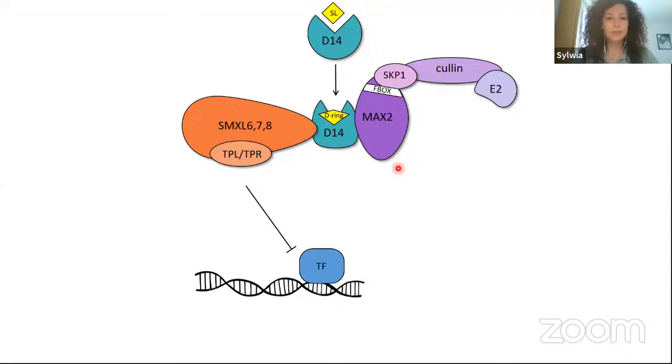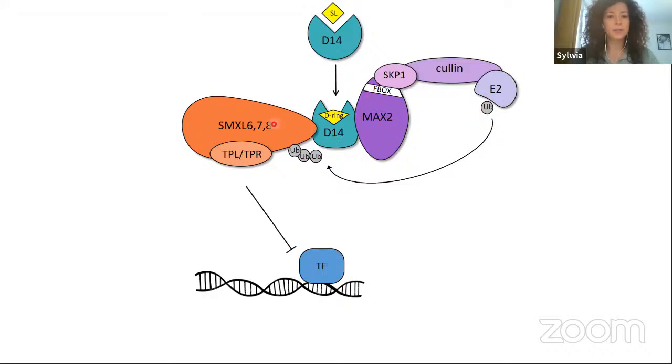In the absence of strigolactones, the SMXL6, 7, and 8 repressors interact with TOPLESS co-repressor proteins to repress a still unknown transcription factor, or the activity of a transcription factor, via histone modification. When strigolactones are present, a complex is formed between the receptor D14, the E3 ligase with MAX2, and the repressor proteins.